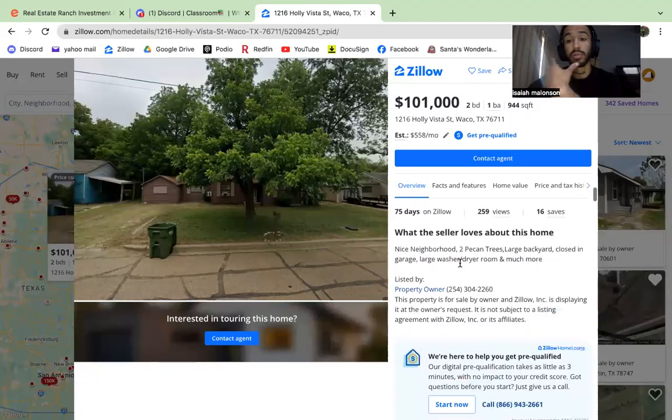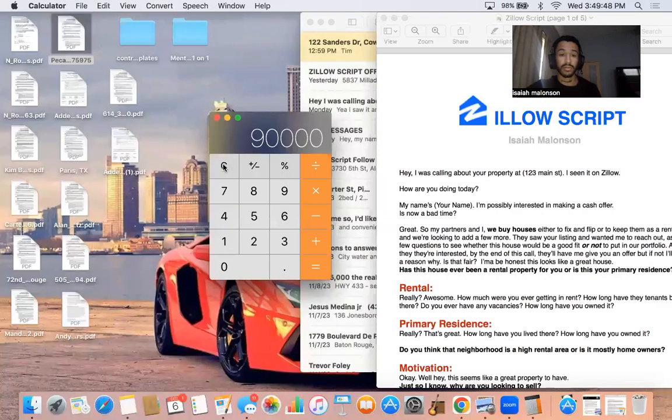Now, if it was really, really bad and it needed more work, then depending on the condition of the property, right? If the condition of the property is really bad, I would take 150 times 0.45.